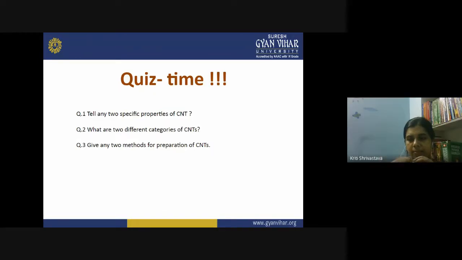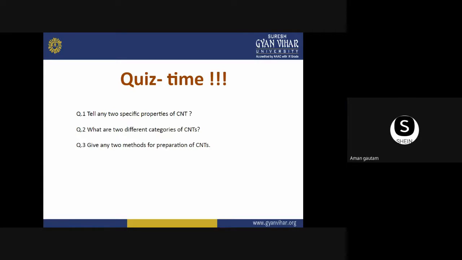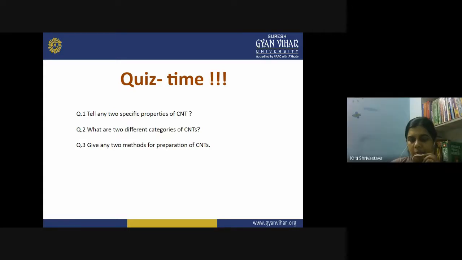Yes, Dhiraj. Any two properties about their chemical reactivity or their mechanical strength, like they are having high mechanical strength.